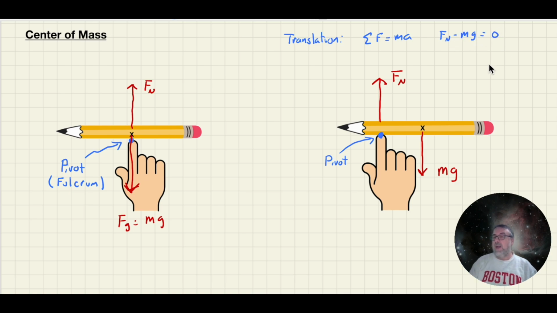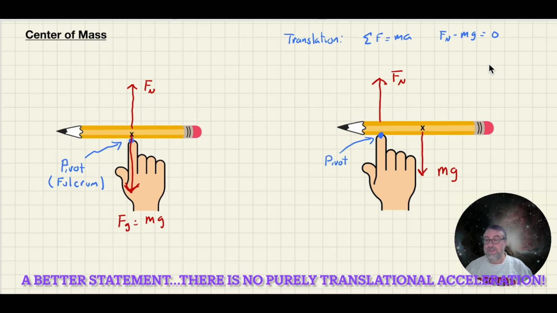I will have no acceleration up and down in the y direction. Now, however, I do have a rotation because we'll see later on in the course that this force, when I take into account the distance from the pivot point, is producing what's known as a torque.